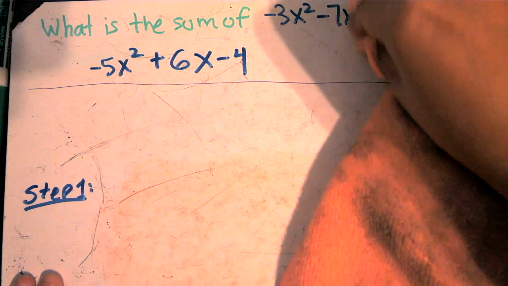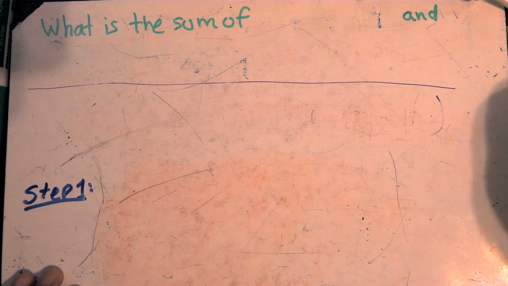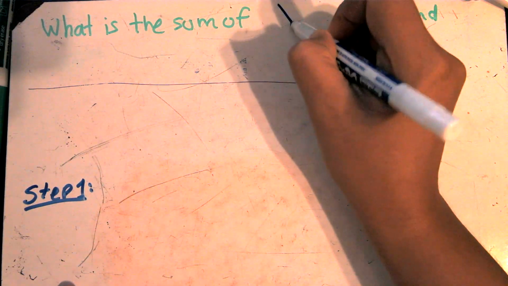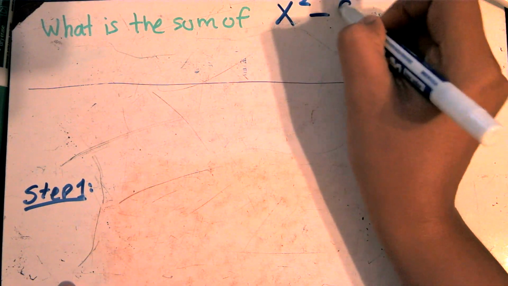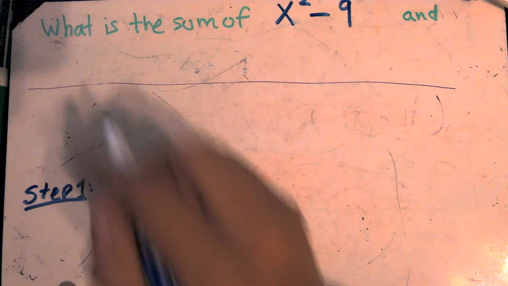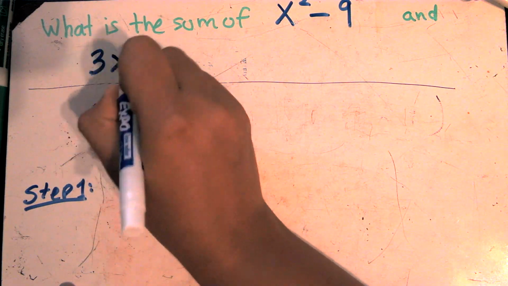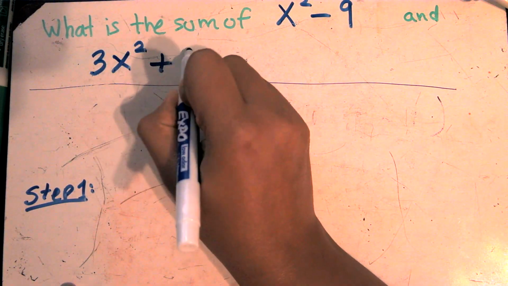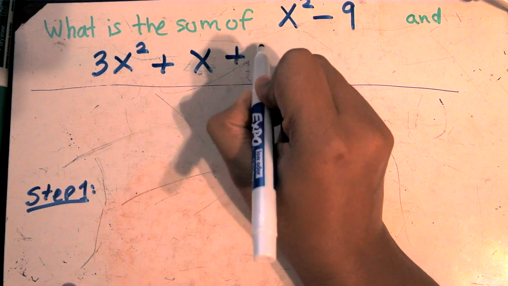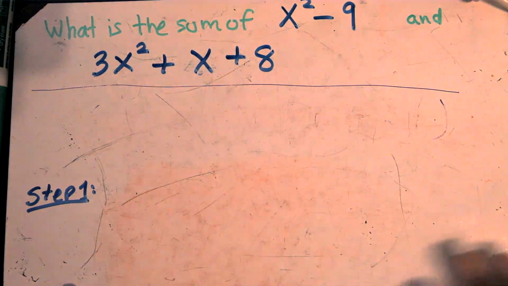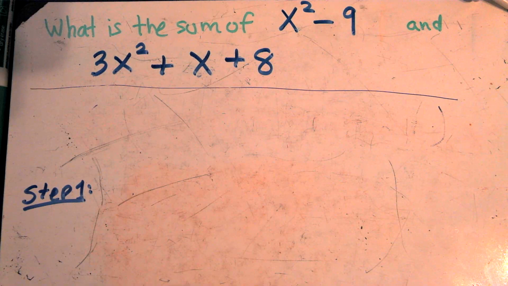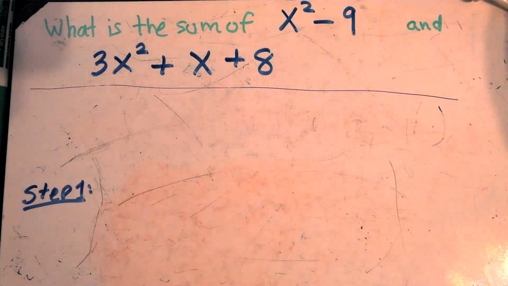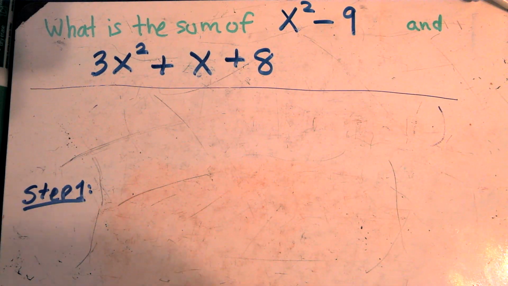So now we're being asked to find the summation of this polynomial x squared minus 9, and then the other polynomial 3x squared plus x plus 8. And again, like I said, in typical Regents problems, this is in a word problem format.